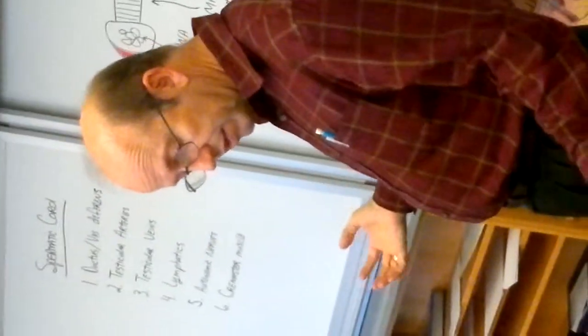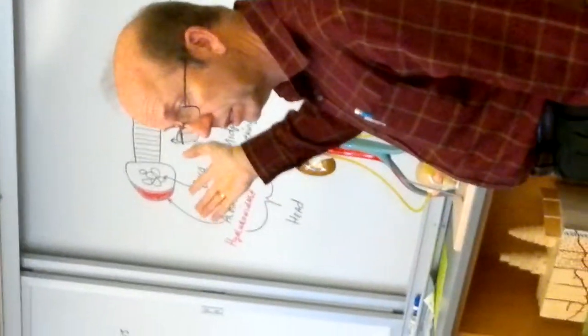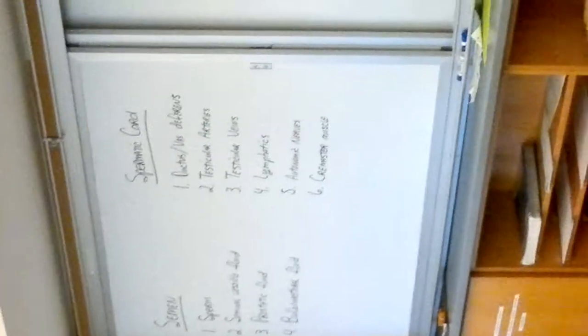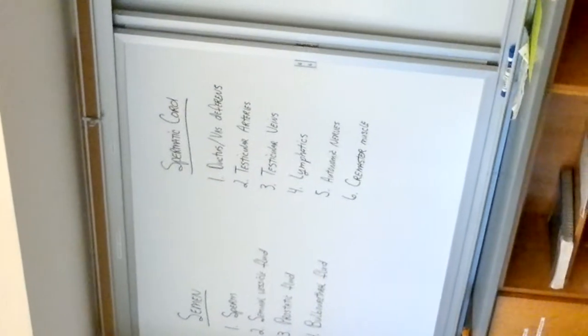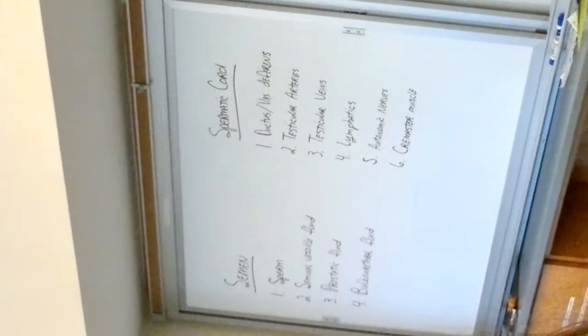Semen, I gave you the composition of semen. It has sperm, which is about 5%. Remember that? Seminal vesicle fluid, about 60%, which was high in fructose and it's slightly alkaline. Prostatic fluid, which is really alkaline, even though it has citric acid in there, is about 30%.